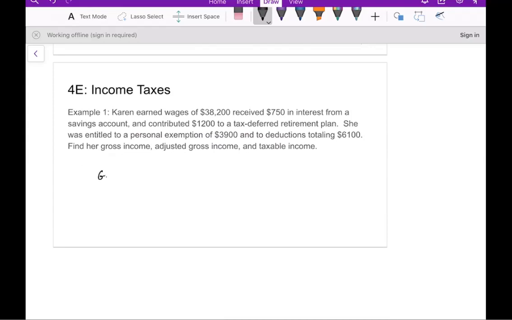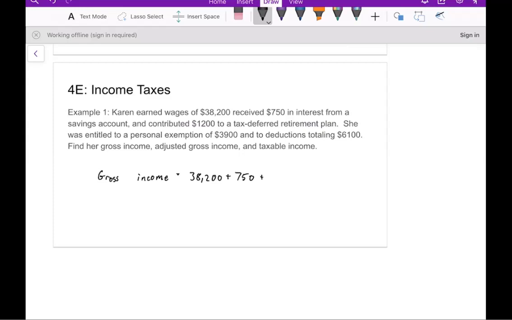So for the gross income, we need to include everything. So the gross income is our wages, which is $38,200, plus our $750 in interest from a savings account, right?